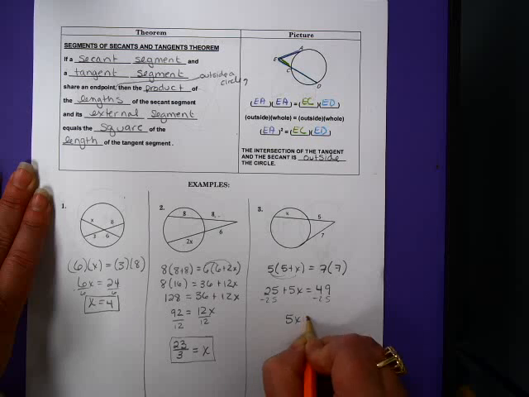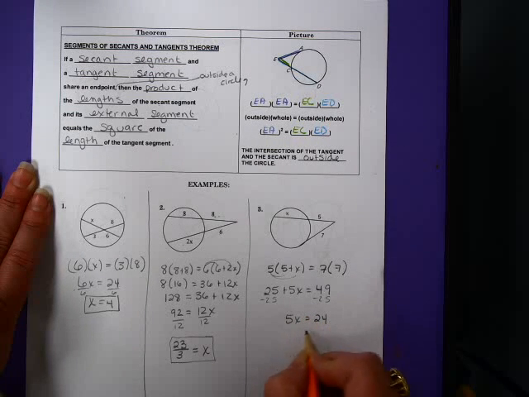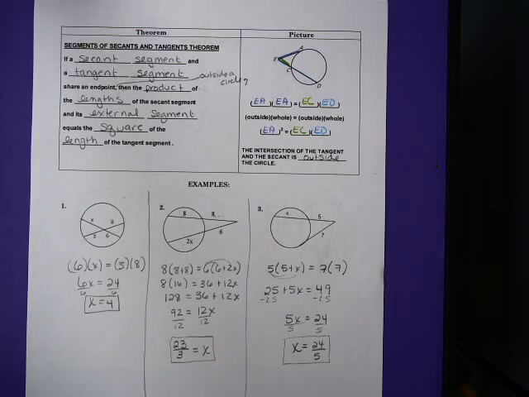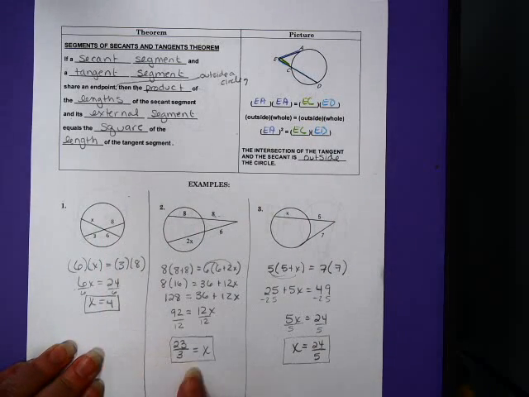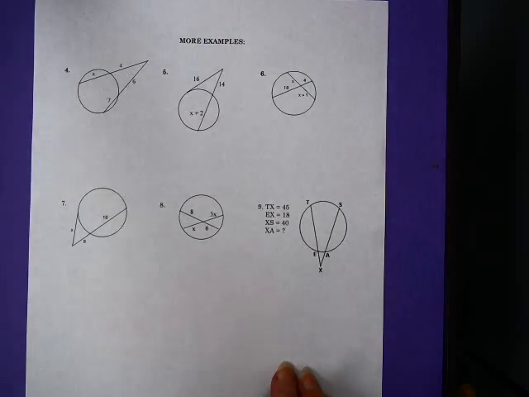I get 5x equaling, that's going to be 24. Divide by 5 on both sides. I get x equaling 24 divided by 5. And that doesn't simplify, so that's my answer. And they didn't tell me what to round to, so I knew I needed exact answers. Okay, next. Here's some more examples.